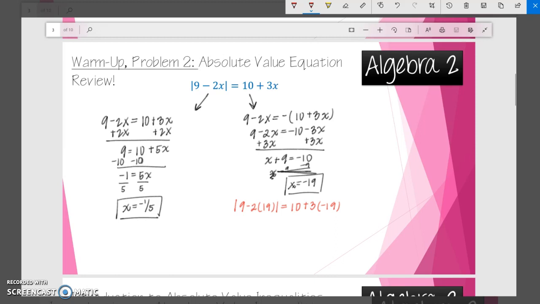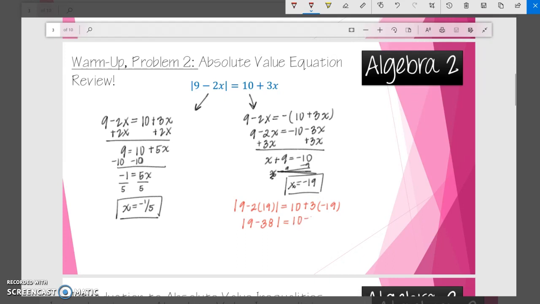So then at this point, I want to go ahead and figure out what those expressions are going to be. So inside of my absolute value bars, if I multiply the 2 times 19, I have 9 minus 38. Outside here, I have 10 plus 3 times negative 19. So that's going to give me 10 plus, and then 3 times negative 19 gives me 57.